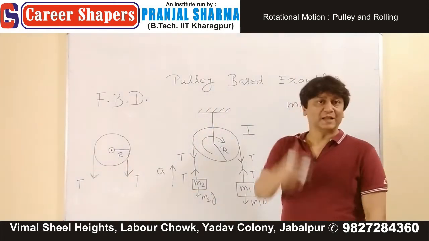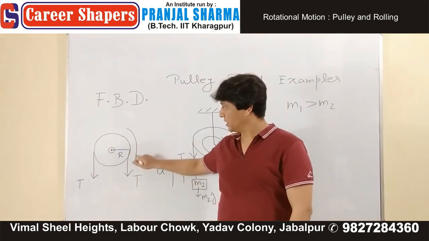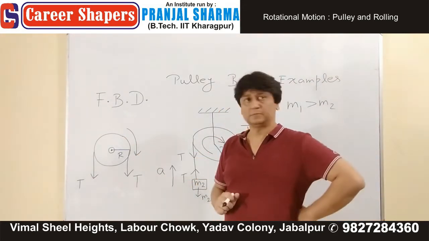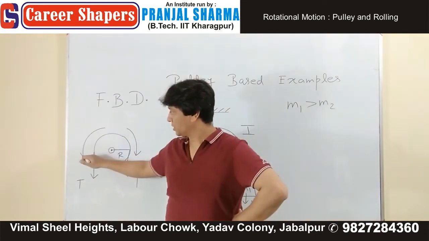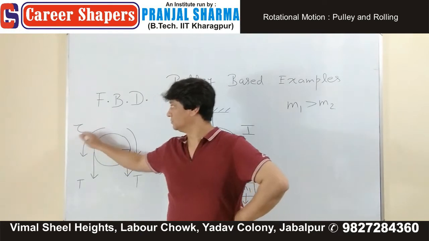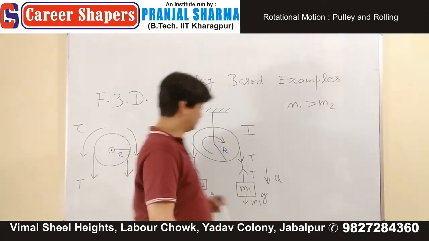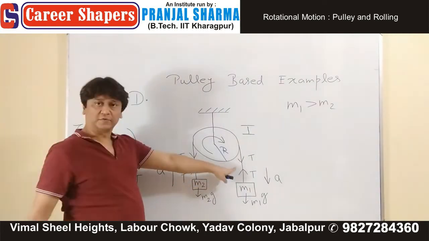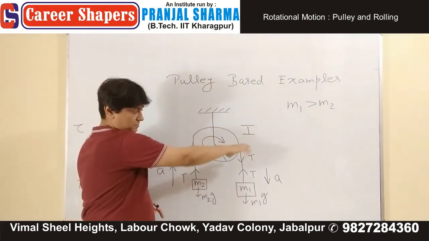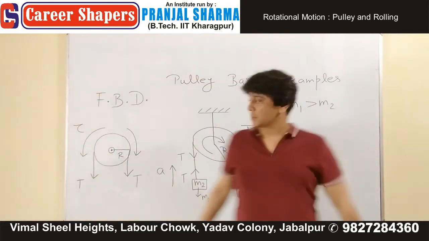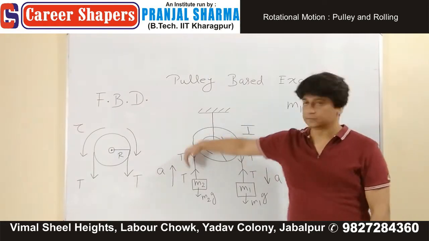Well, I hope you can see that this T is giving a torque in this direction. And this T is producing a torque in this direction. This is T, and because of this tension force, you have a torque like this. Because of this T, you have a torque like this.